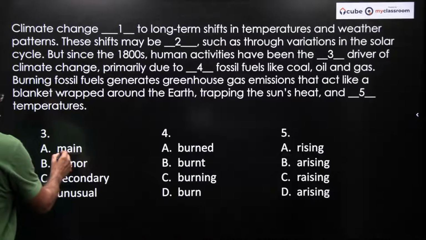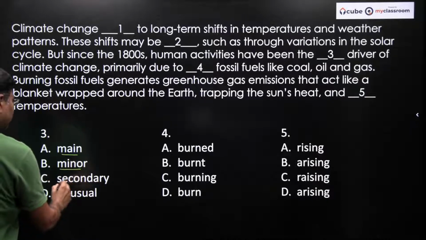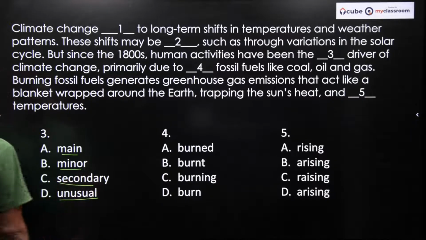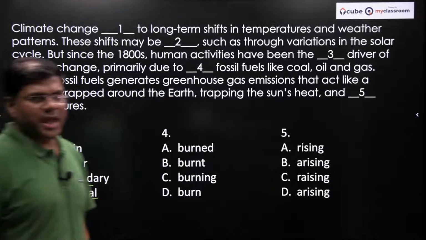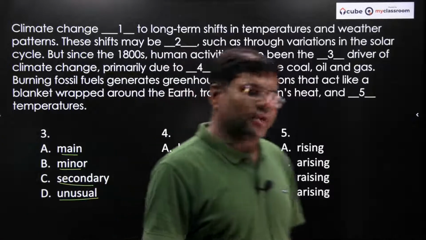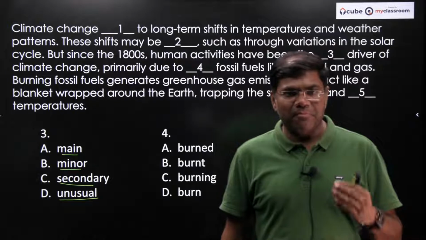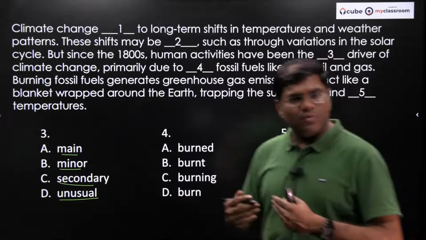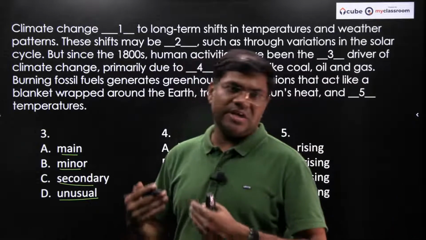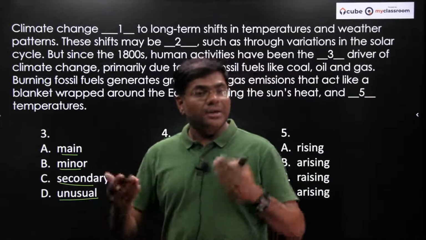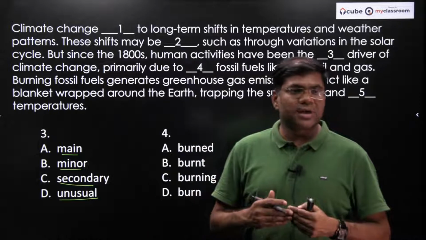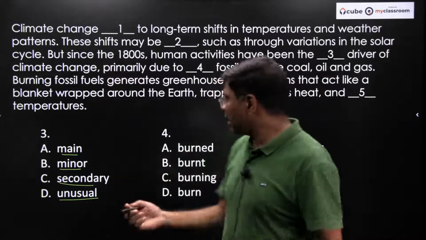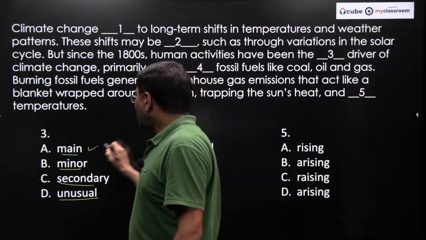So is it main, is it minor, is it secondary, or is it unusual? Can I say it is the main driver of climate change? Because earlier the reason was natural, such as the solar cycle, but since the 1800s, human activities have become the main driver of climate change and not a minor driver.